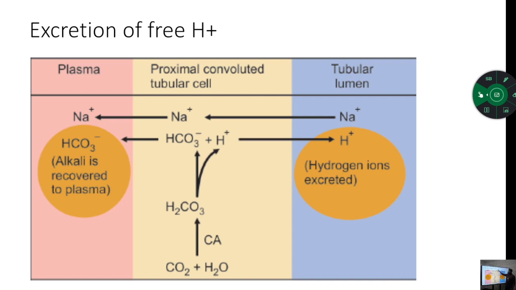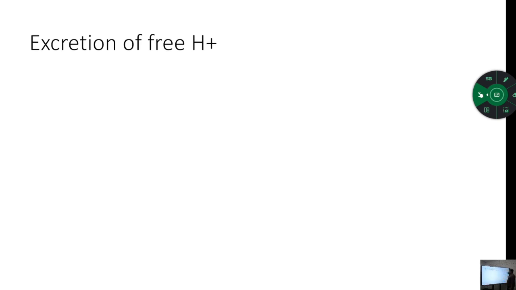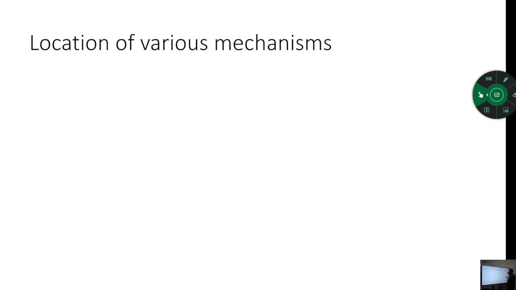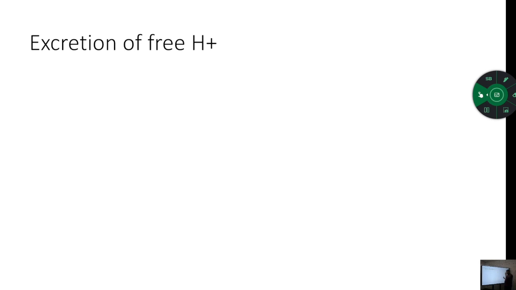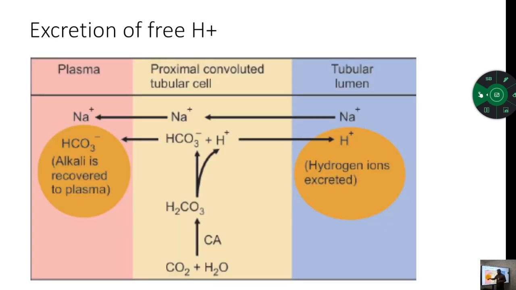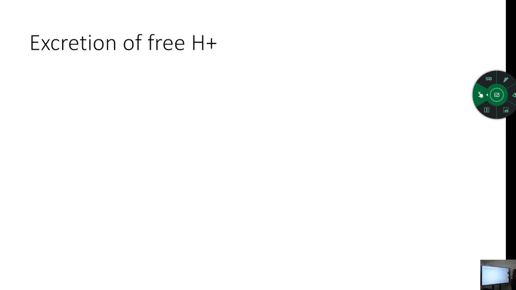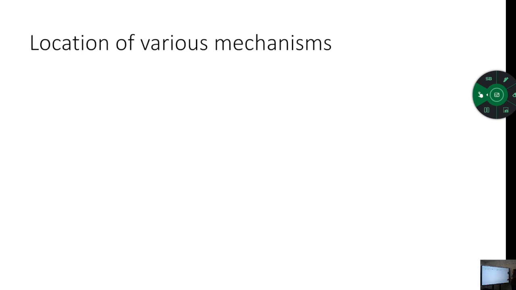That is why the strategy is named excretion of free H plus. Also, parallelly, you are able to recover the alkali. So to sum up, a very negligible amount is lost like this. That is the only thing to remember. Alkali is again recovered, and H plus is getting excreted. So that is the fourth strategy.